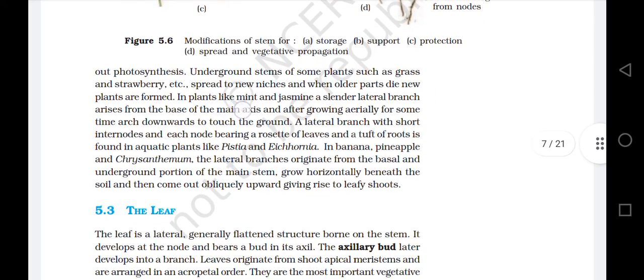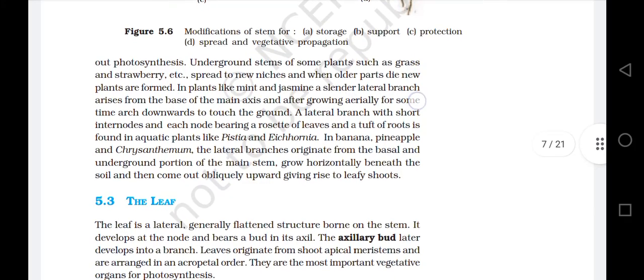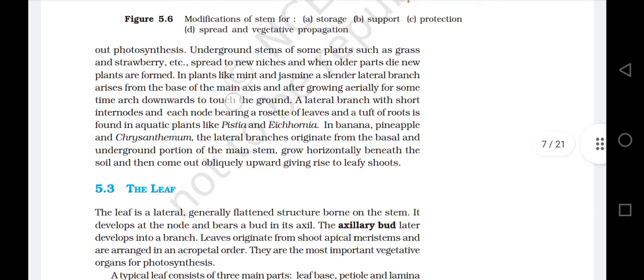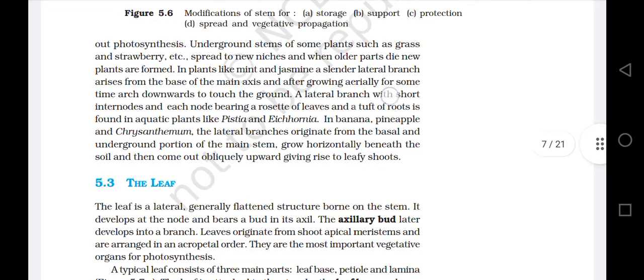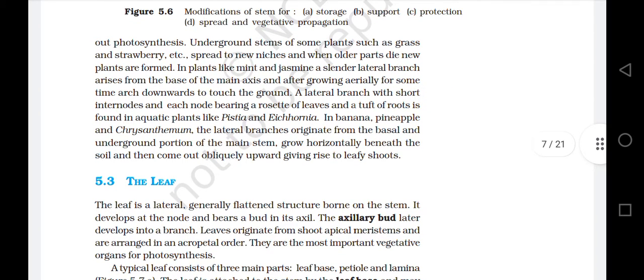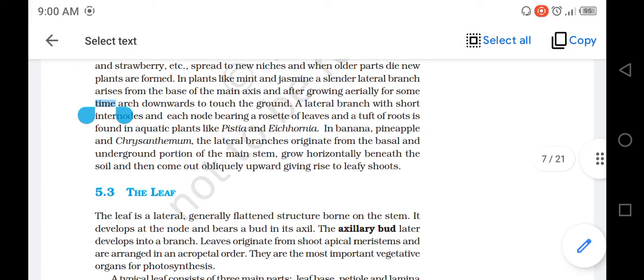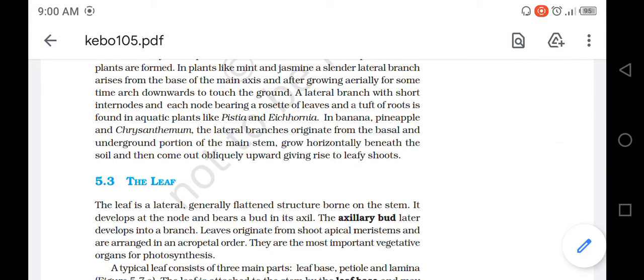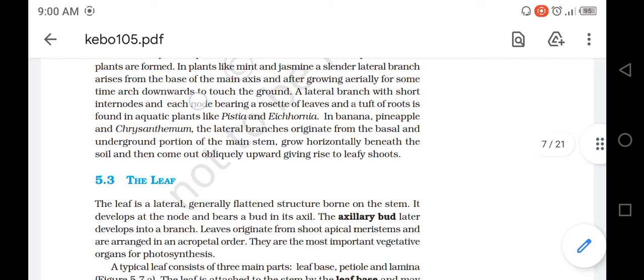In plants like mint and jasmine, a slender lateral branch arises from the base of the main axis, and after growing aerially for some time arches downwards to touch the ground.